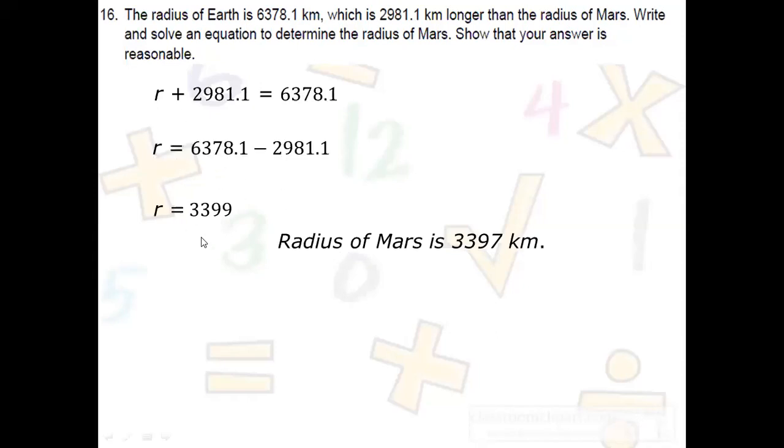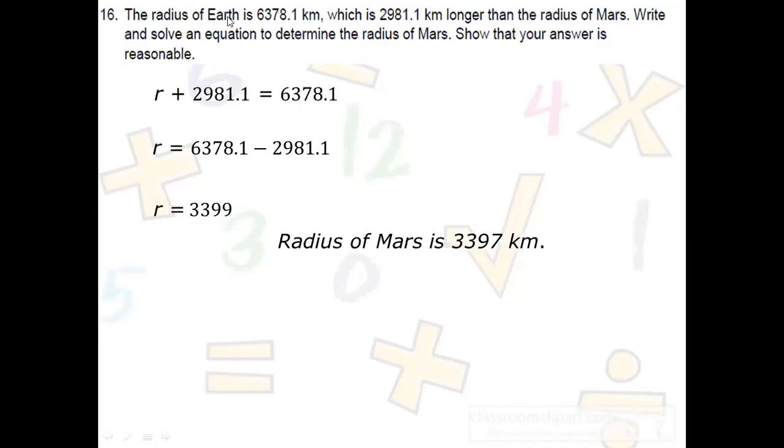If you subtract, you will get 3,397. Here I have written the correct answer, but I don't know how the 7 became 9 here. So the radius of Mars is 3,397 kilometers.